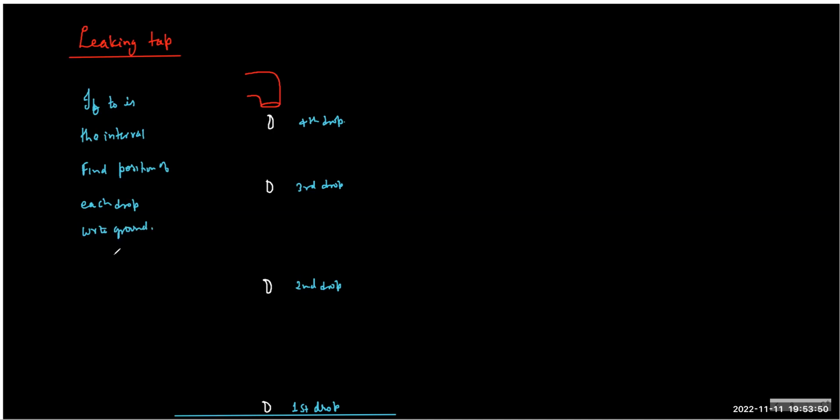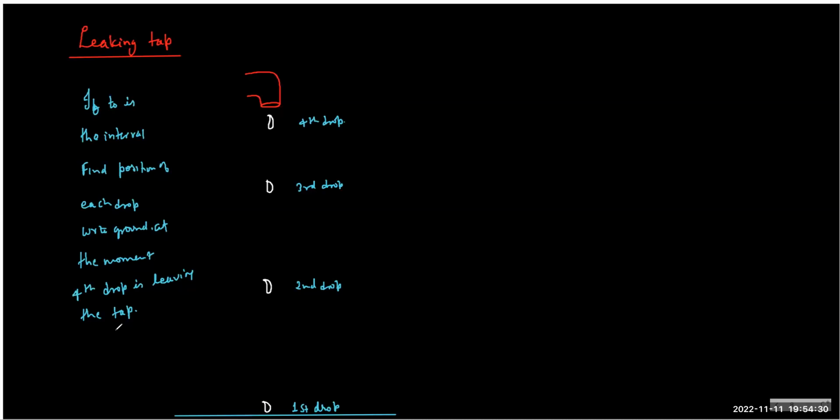So you're supposed to find the height of each drop from the ground, at the moment the fourth drop is leaving the tap. I hope the question is clear to all of you.